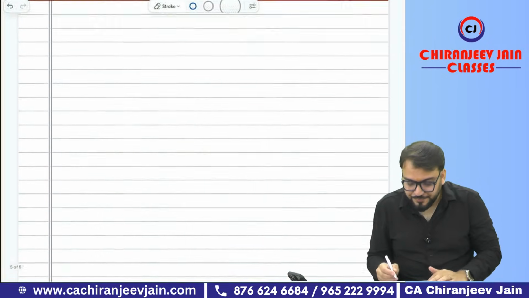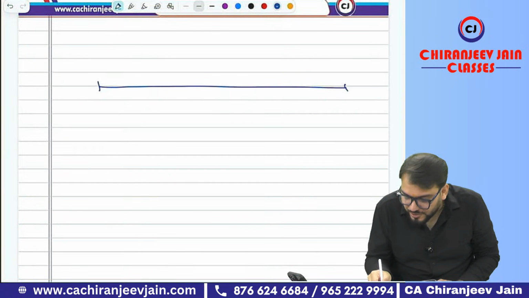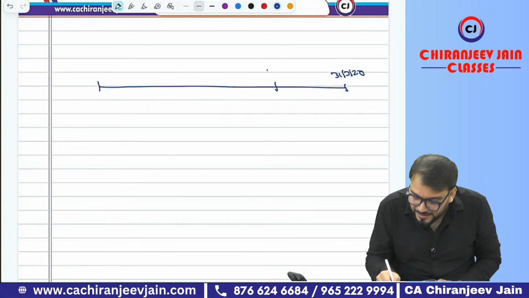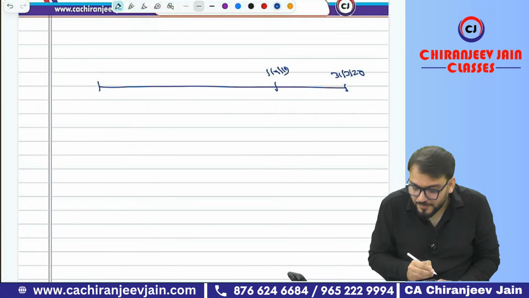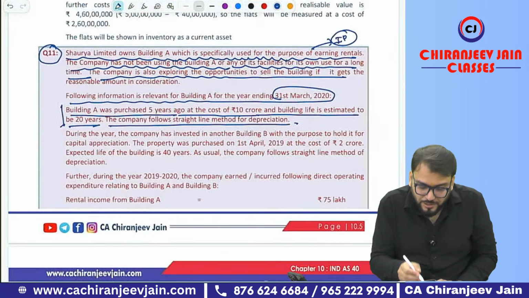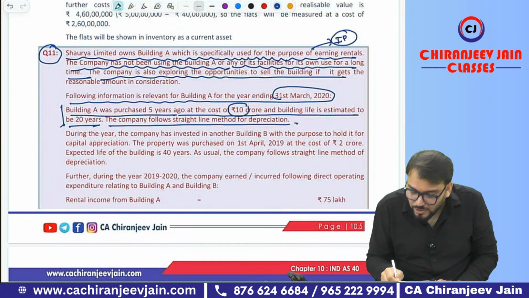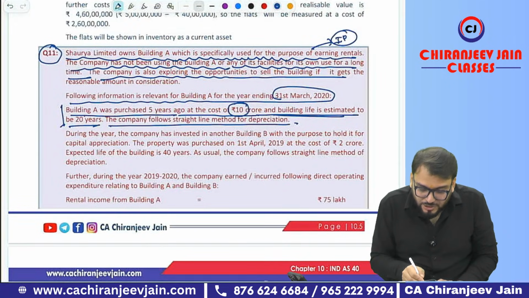Try to understand. If the information has been given as on 31st March 2020, the year beginning is 1/4/2019, and they have given in the question that the building was purchased 5 years ago at a cost of 10 crore and the life of the building is 20 years.